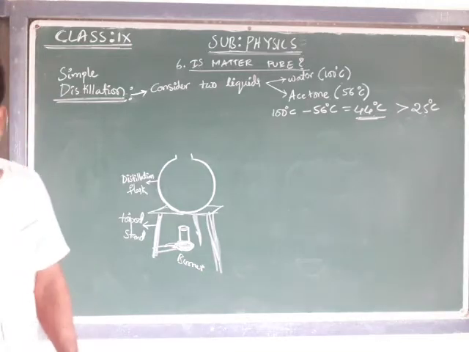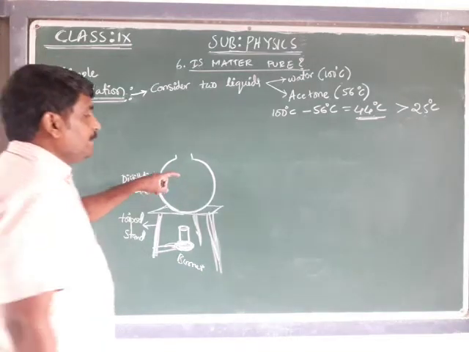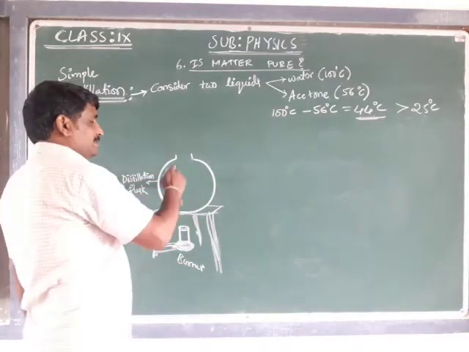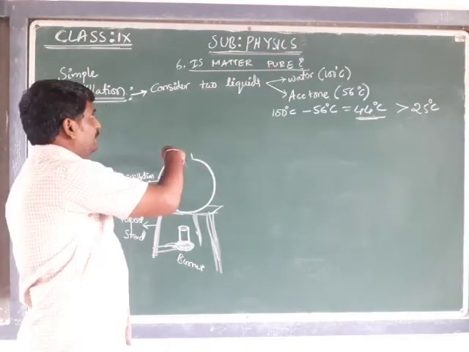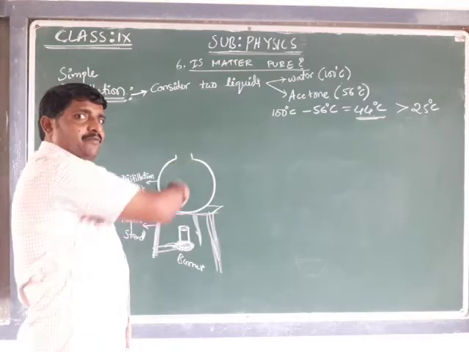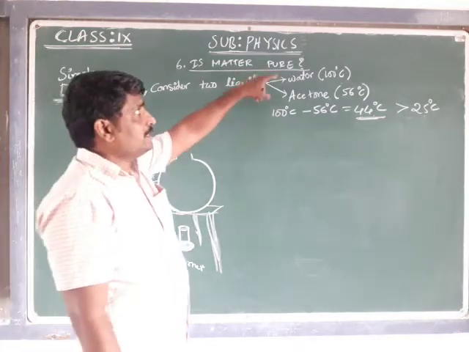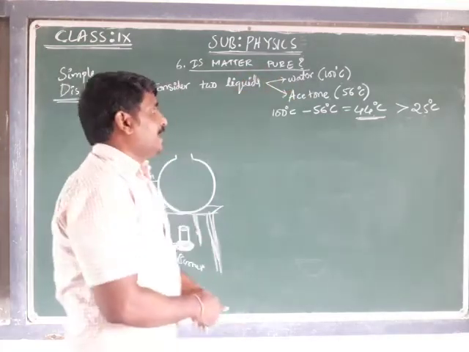Now we have to add the mixture of the miscible liquids, the mixture of water and acetone, into this distillation flask.